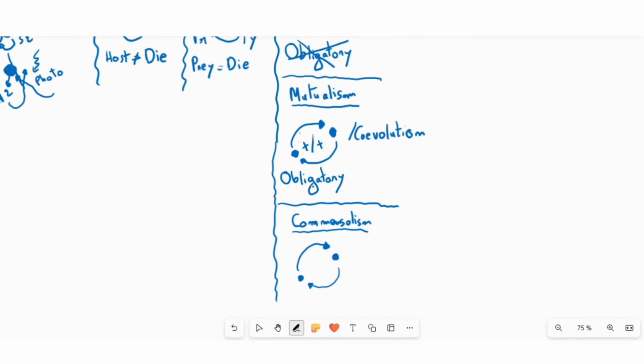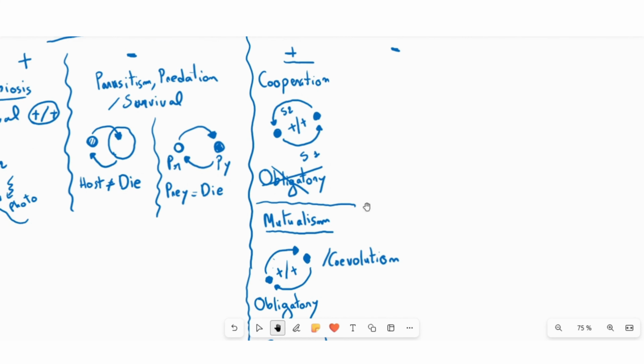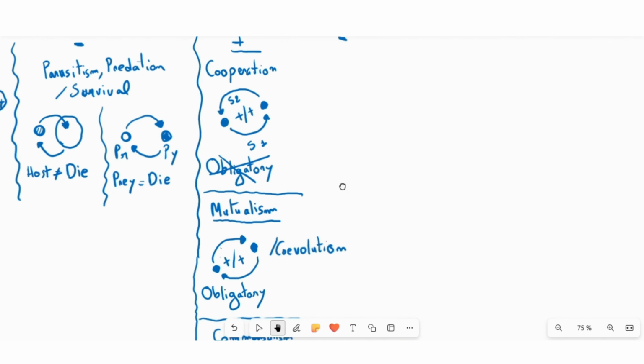It's not obligatory, it's not a requirement for them to be together. It's just that one exists in the same space as the other one. So it's a positive neutral. We can also see this in certain biofilms, but I think the best way to remember, especially these two, is that they're very important: cooperation and mutualism.